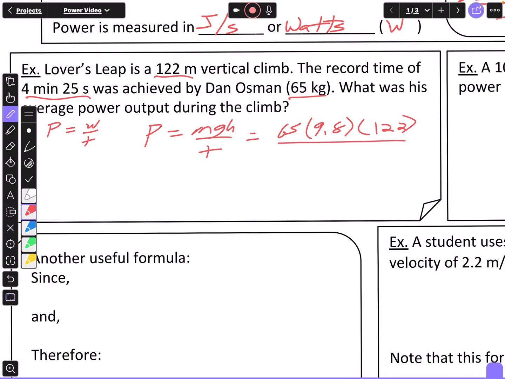Now that by my time. What's important is my time is in seconds. I can't have it in minutes or hours. So I'll need to change 4 minutes, 25 seconds to total seconds. So 4 minutes would be 4 times 60, which would be 240, plus 25 more, which would be 265.